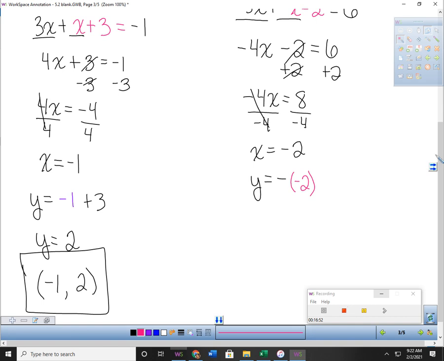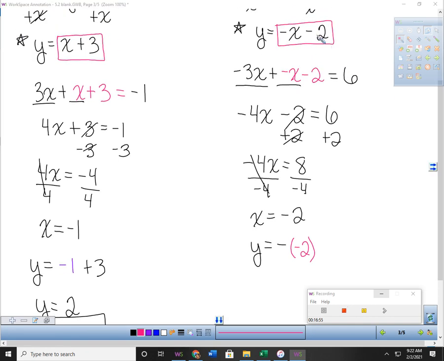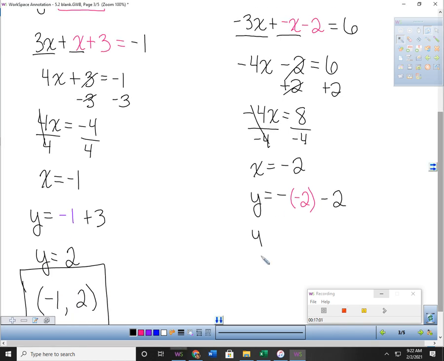So I have negative, negative 2, and then minus 2 behind that. So if I plug that in, I'm going to get 2 minus 2, which is 0. So the point of intersection, I have an x value of negative 2 and a y value of 0. That's where my two lines are going to cross.